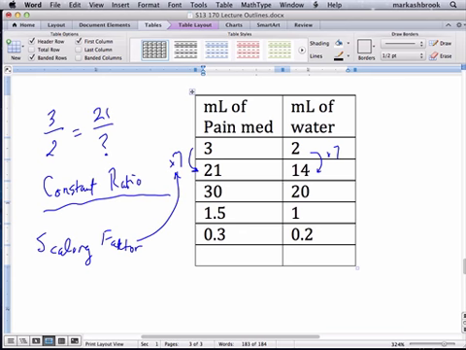Okay, so I'll change the color. In red here, we'll talk about the other one, constant multiple. What is constant multiple reasoning? Where in this situation do we see a constant multiple?